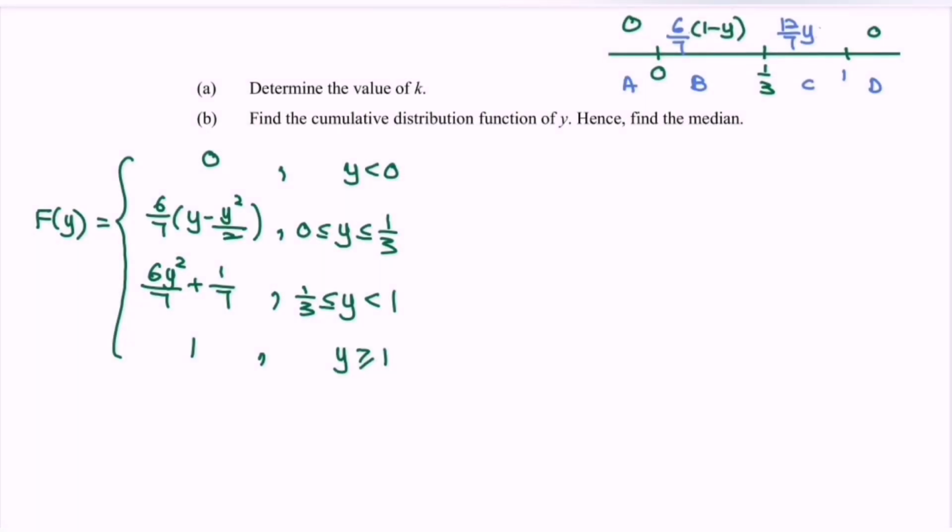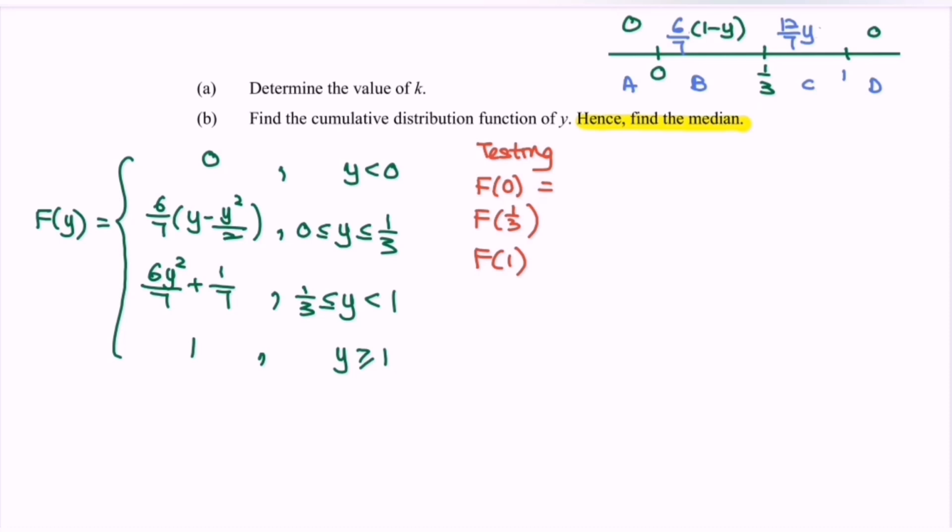By referring to the question, we are asked to find the median. By referring to the CDF, first we have to test where the location of 0.5 is. At first, I would test F(0), then F(1/3), next F(1).